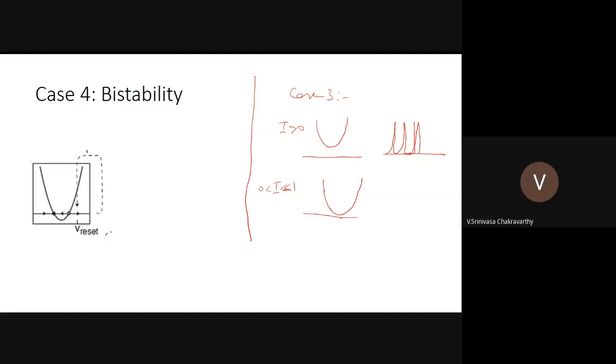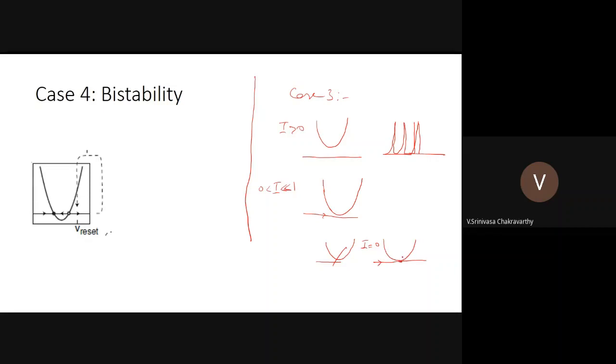What happens in this case? You can notice that when these two are actually touching, then I is 0. If I is 0, they're actually touching, so you move towards it, and once you reach this point, V dot is 0.